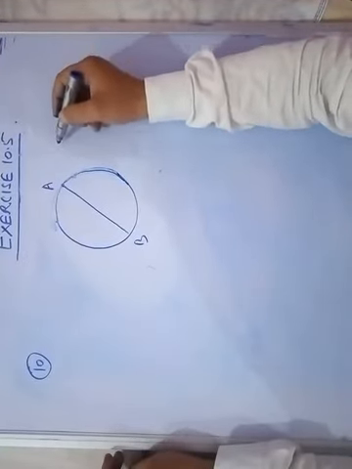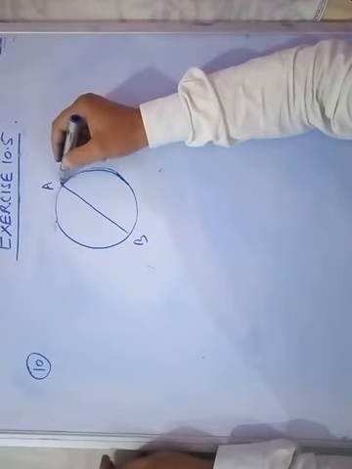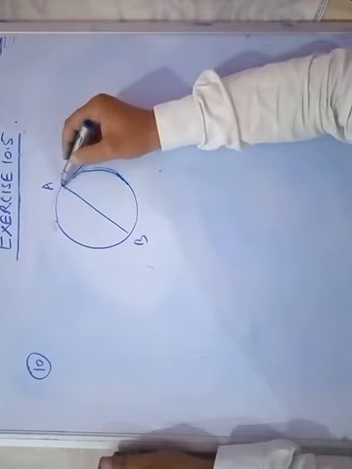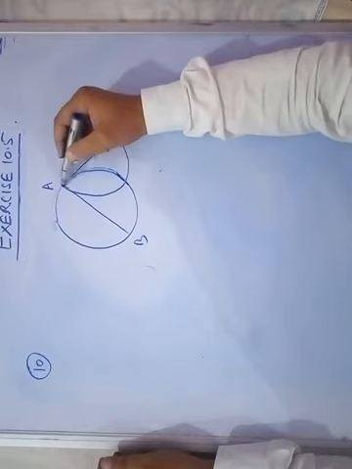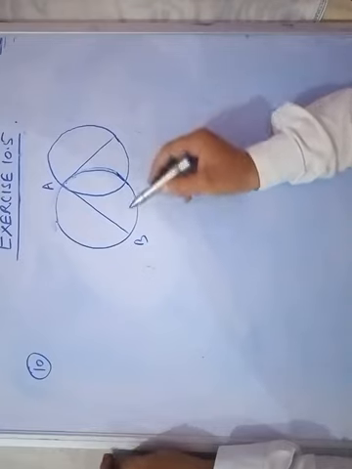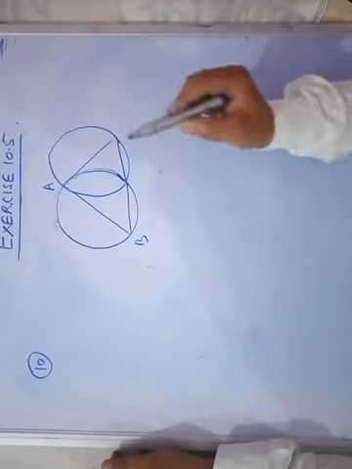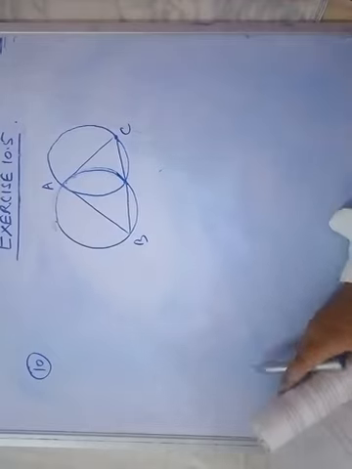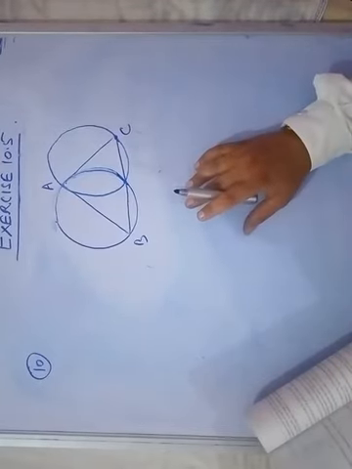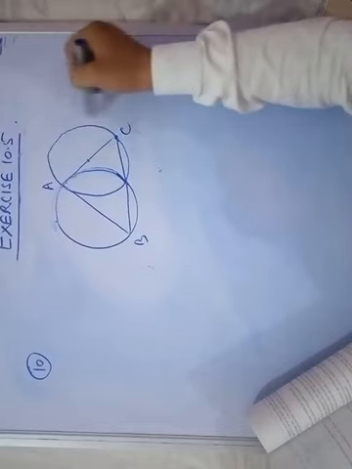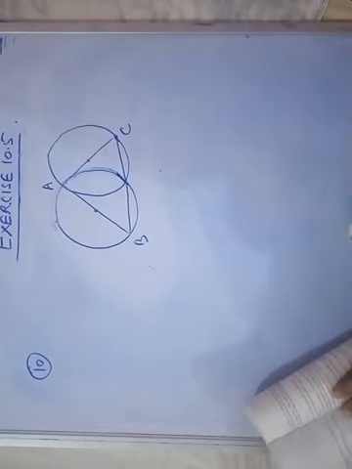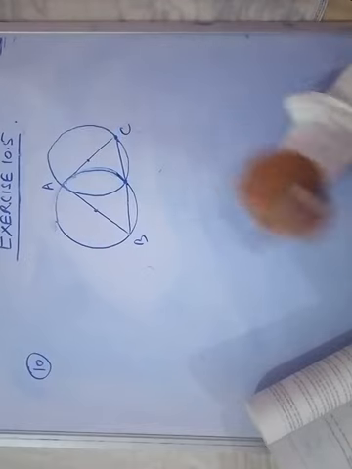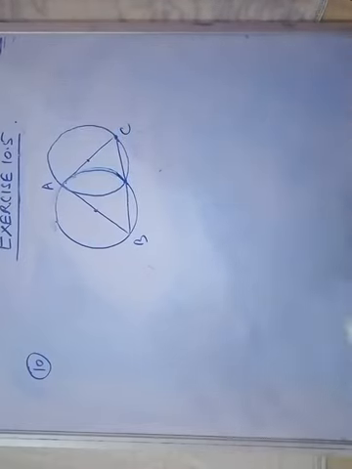and let another circle here C. Now the condition of the question is, if circles are drawn taking two sides as diameter, these are diameters of two circles, then prove that the point of intersection of these two circles lies on the third side.